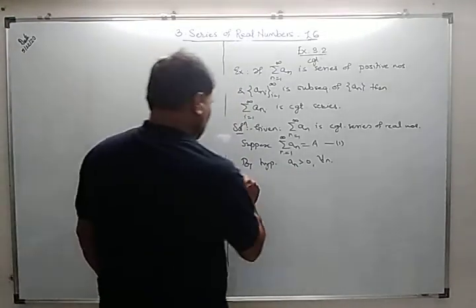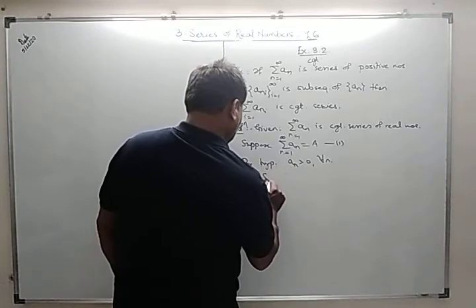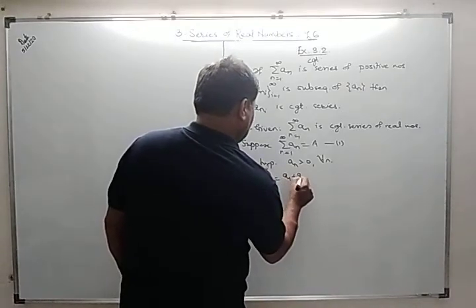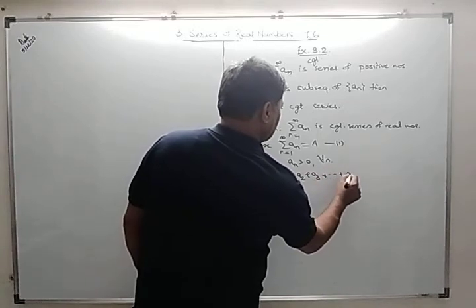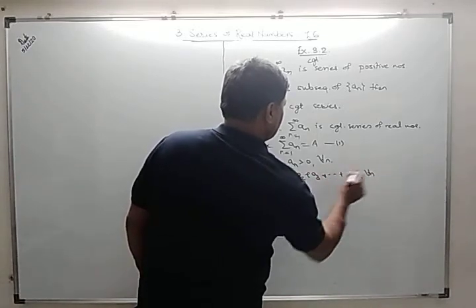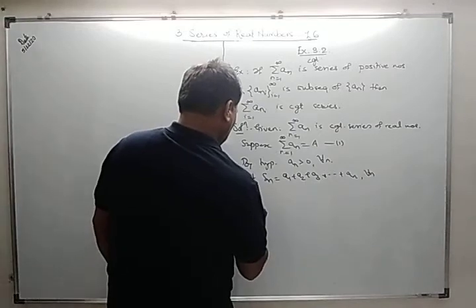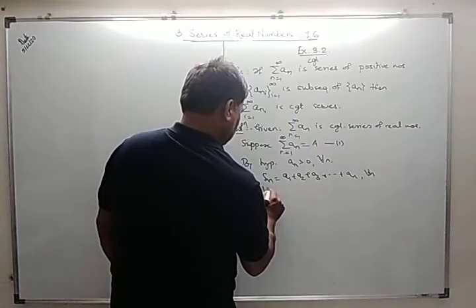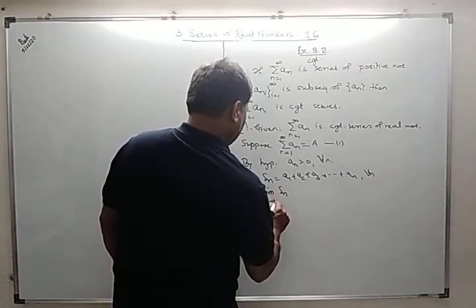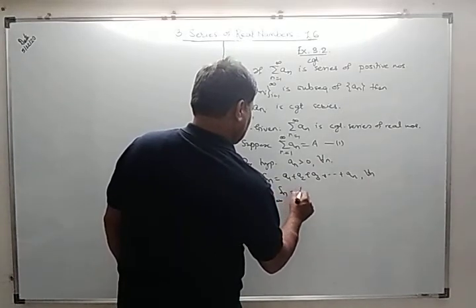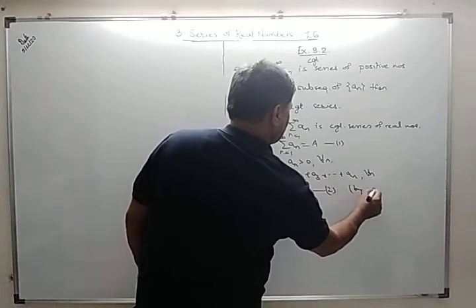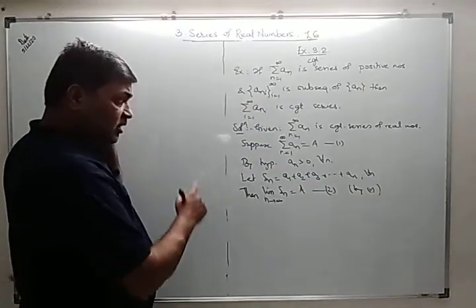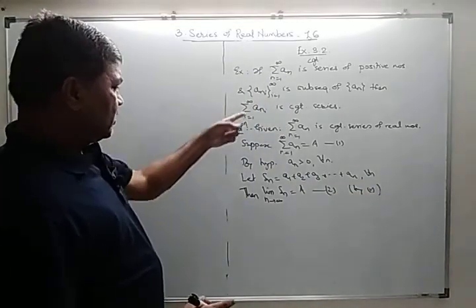Let S_n equal a1 plus a2 plus a3 plus dot dot up to a_n for every n. Then limit of S_n is A, because this is the sequence of partial sums of this series.